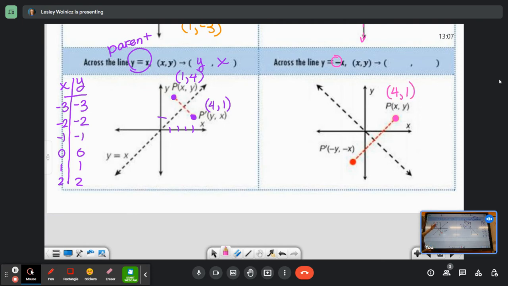Okay, if I reflect it in the line y equals negative x, you can see that I've got a point (-1, -4). So my x and y traded spots, and they both change signs to opposites. So this is going to be the opposite of y and the opposite of x. So they switch spots and they change signs.